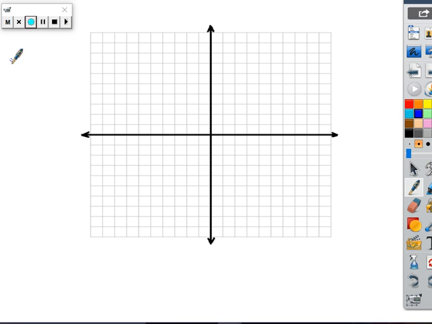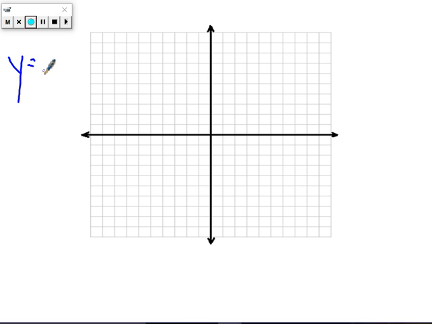So let's say y equals 1/2 x minus 1. We should probably do some negative slopes, but it's okay. And let's do 2y equals 1x minus 2.